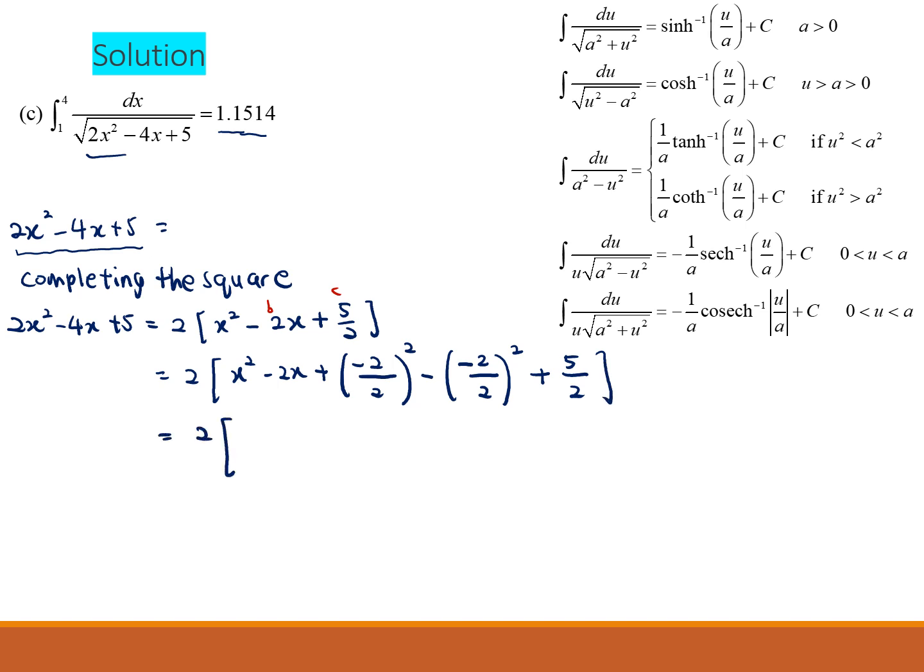Then we can factorize this, where x minus 2 over 2 is 1 squared, minus negative 2 over 2, which is minus 1 squared, will be minus 1 plus 5 over 2. This can be simplified as 2 times x minus 1 squared, and negative 2 plus 5 is plus 3 over 2.